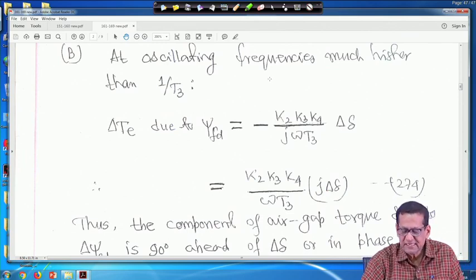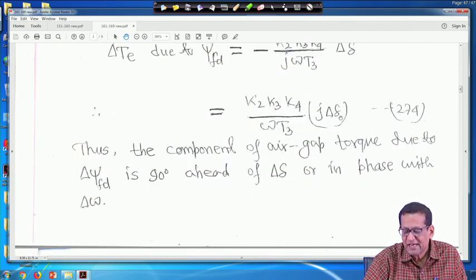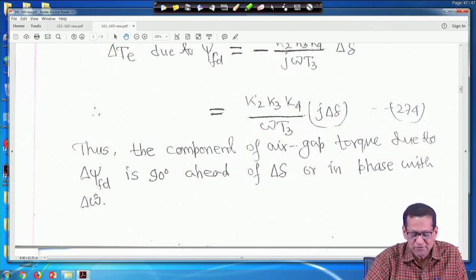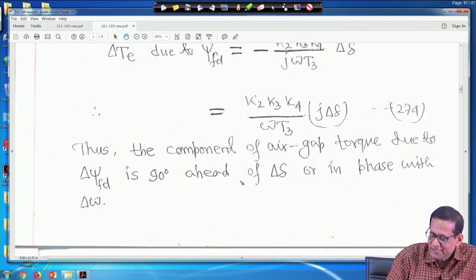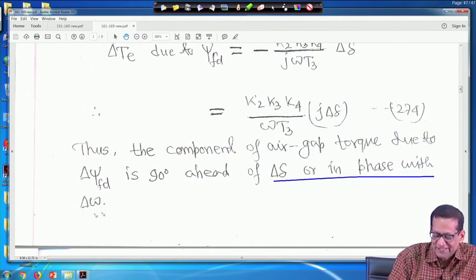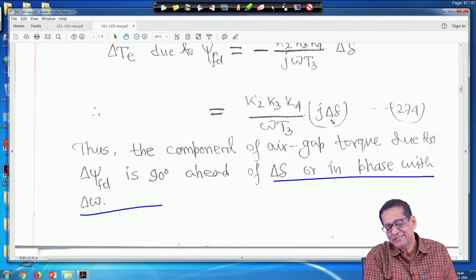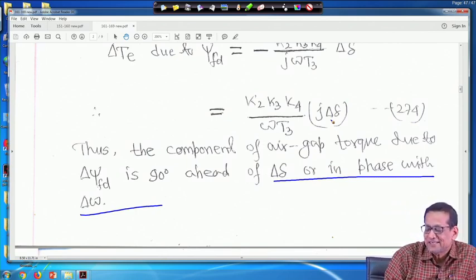Here, the ΔT due to Δψfd is K2 K3 K4 upon ωT3 times jΔδ, thus the component of air gap torque due to Δψfd is 90 degrees ahead of Δδ, or in phase with Δω. This one again I am putting as a question to you, given jΔδ. As a hint, bring jΔδ in terms of Δω.